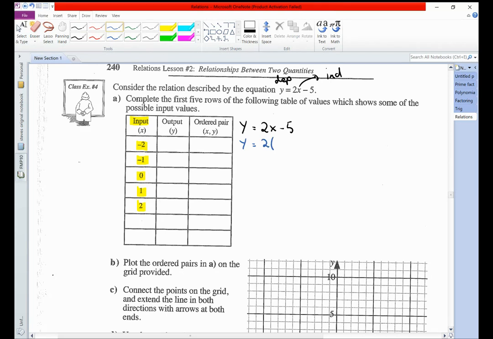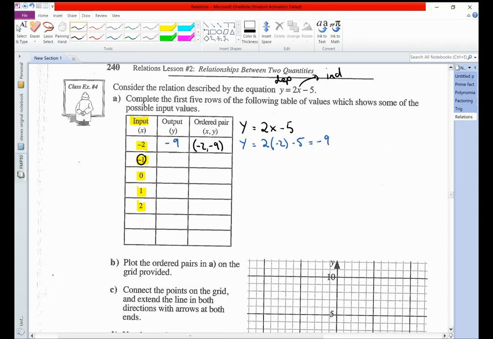with our x value being -2. So 2 multiplied by -2 is -4, minus 5 gives us -9. So that's the output. And we can write that as an ordered pair of (-2, -9).